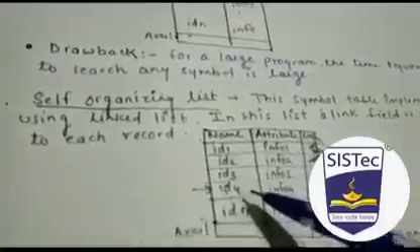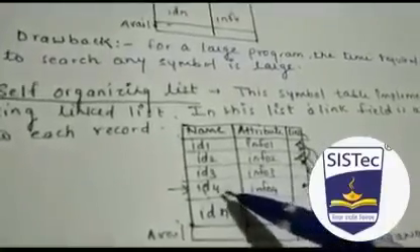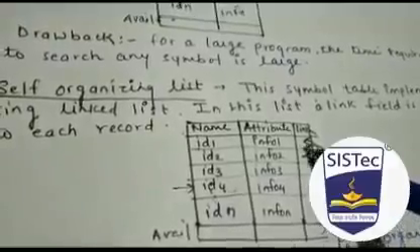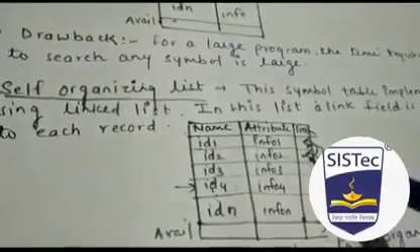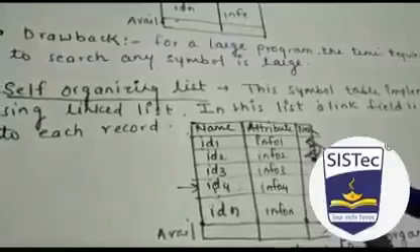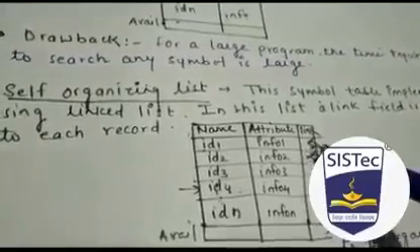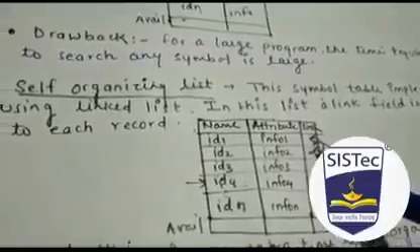So here you can see I connected ID4 to ID2, then ID2 is connected to ID1 and this ID1 is connected to ID3.